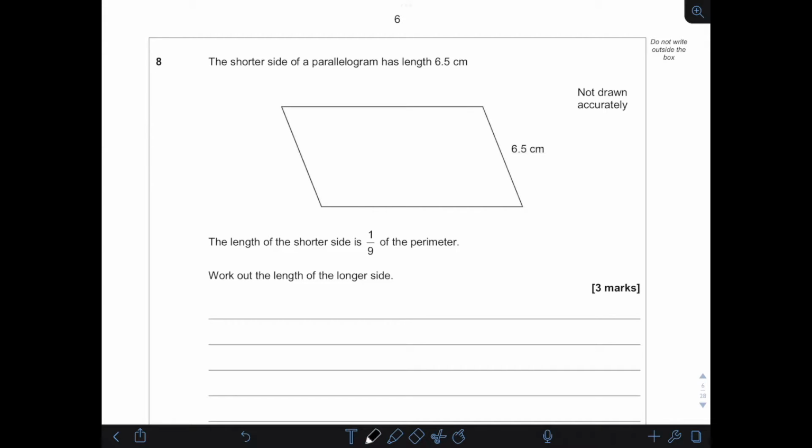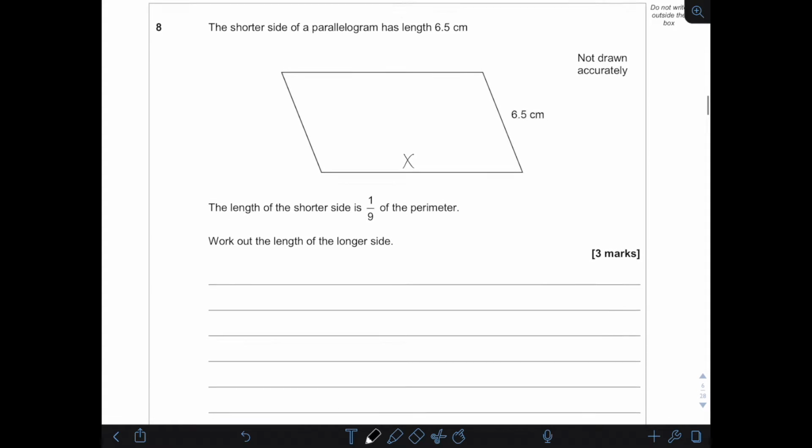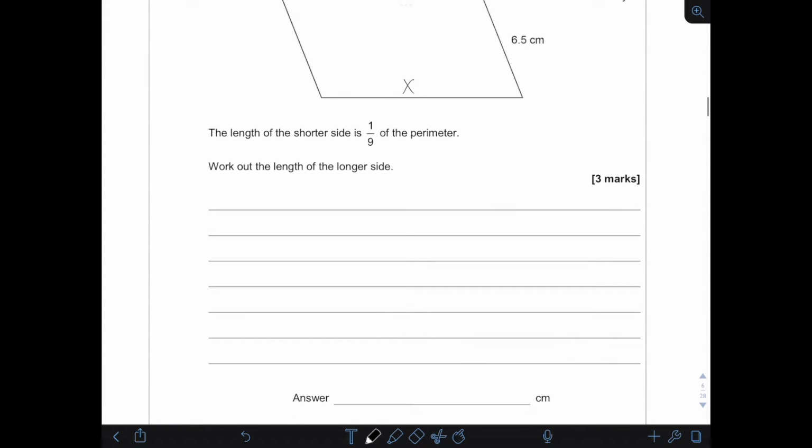First we want to label the long side as x because we don't know what x is. And we know that the perimeter P is equal to 6.5 times 9, because the shorter side is 1/9 of the perimeter.